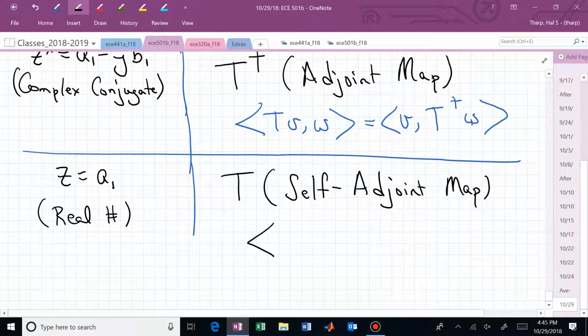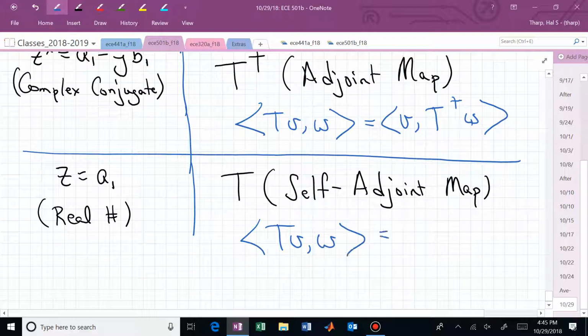Where now we're assuming that TV applied to W is equal to what? What's on the right-hand side if T is a self-adjoint map? So now T is equal to T dagger, so anywhere we used to have a T dagger, we now want to replace that.